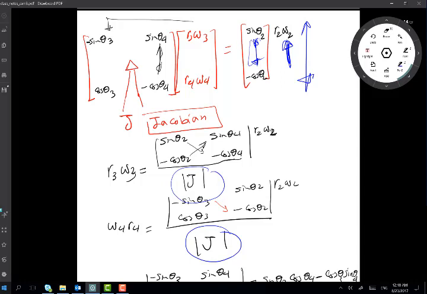Now, what will happen if the link doesn't have an extreme position, like this crank? No extreme, it rotates all the time. If the Jacobian is equal to 0 during the calculations, this means at this specific value of θ2, the linkage has actually jammed, has ceased.